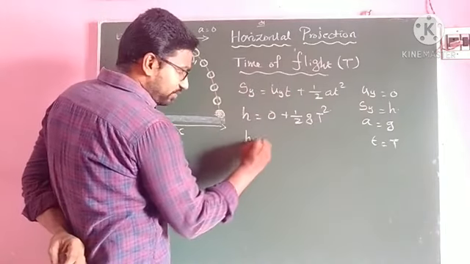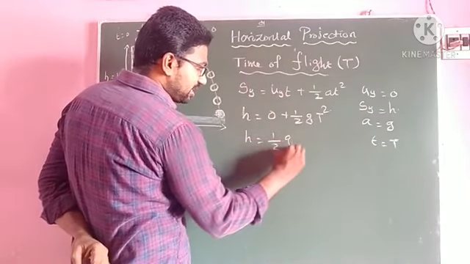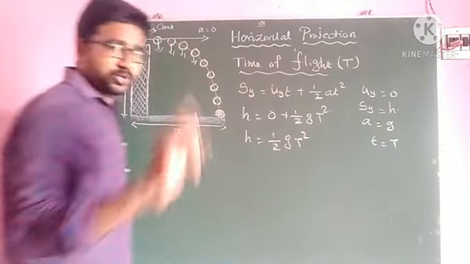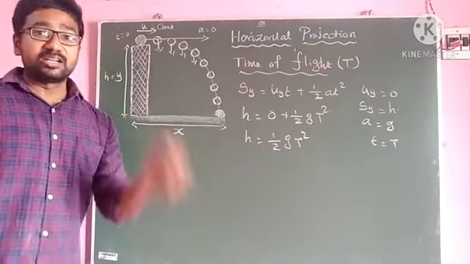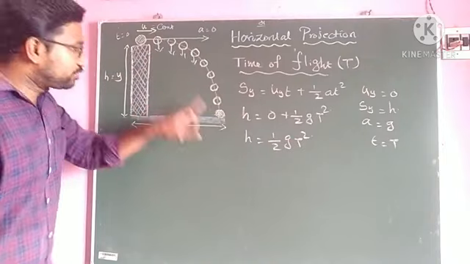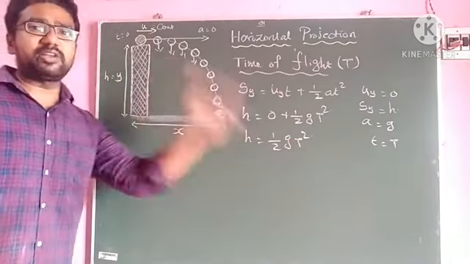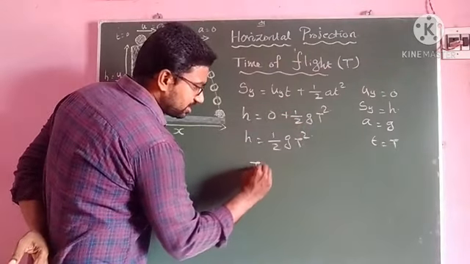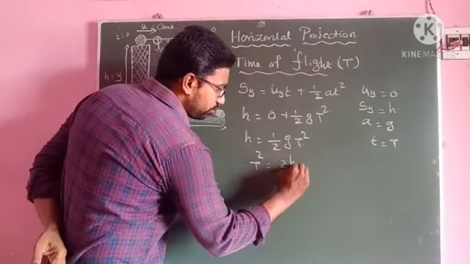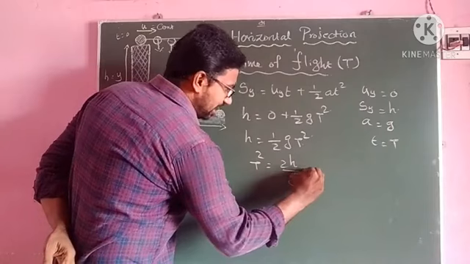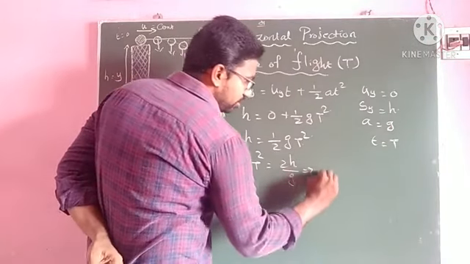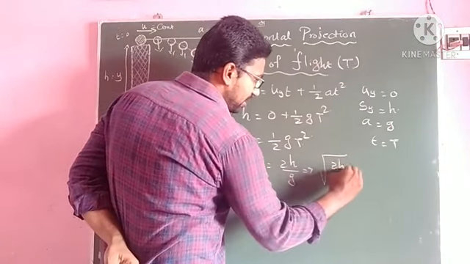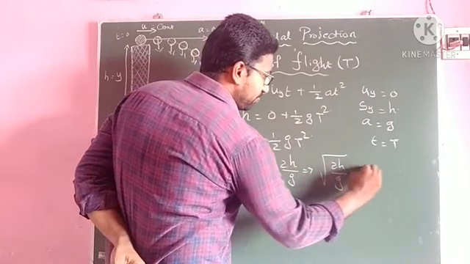So h is equal to 1 by 2 g T square. I need the expression of time of flight, the time taken by the projectile to hit the ground. So I rearrange the equation: T square is equal to 2h divided by g. Otherwise it can be written as T equal to the square root of 2h by g.